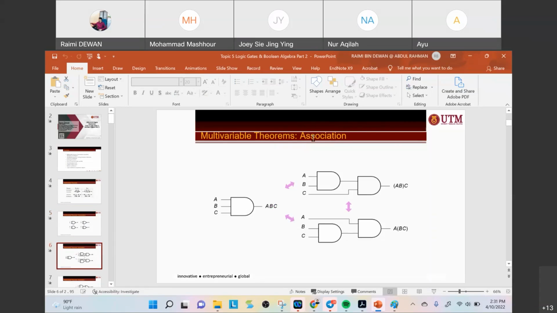Multivariable association, this one is associative. If you want to use an AND circuit, this is the single AND gate. A times B times C equals A times B, and then times C. It's the same thing. Or you can start with B times C and then multiply with A. So it's the same thing.